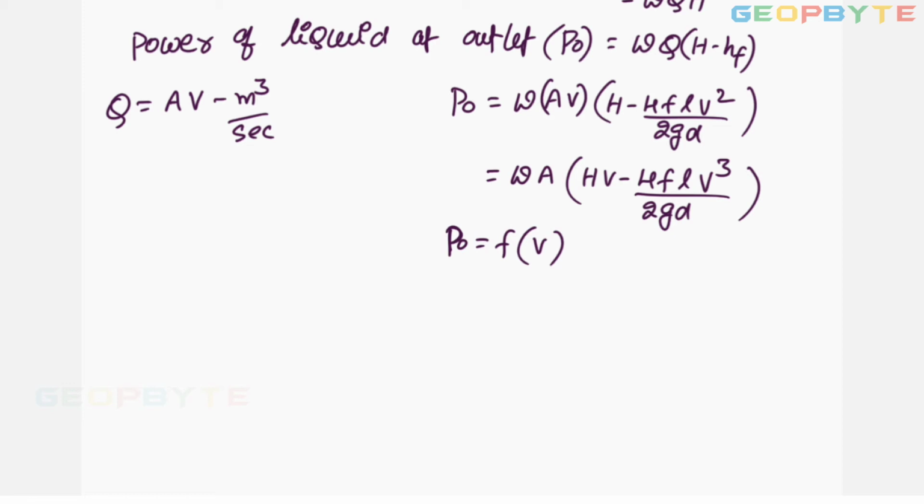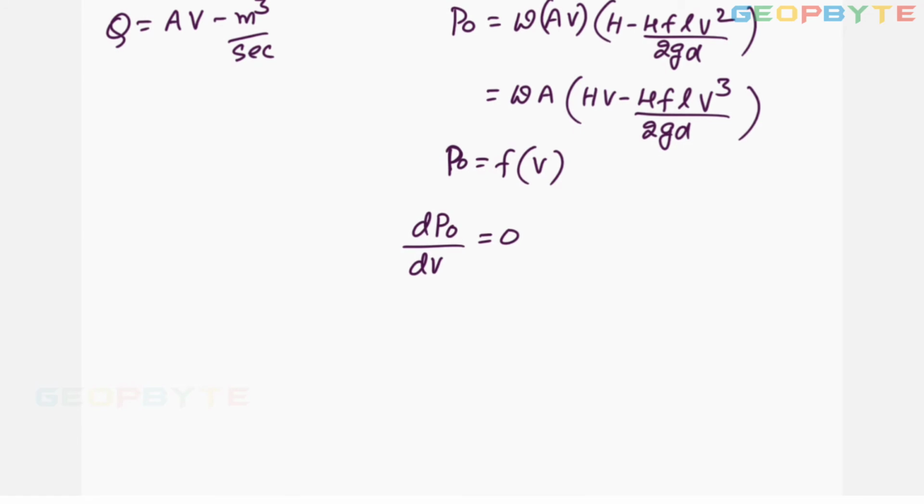To know that particular value, I am differentiating the outlet power with respect to velocity and equating to 0. Let us do that part.